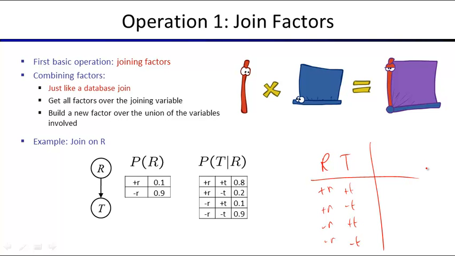And then the entry we fill in here is just the product of the corresponding entries. So the first one, plus R plus T, is this one here and this one here: 0.8 times 0.1, which is 0.08. That's the first entry. We do that for all four of them. That gives us the factor that's the join of the two original factors.